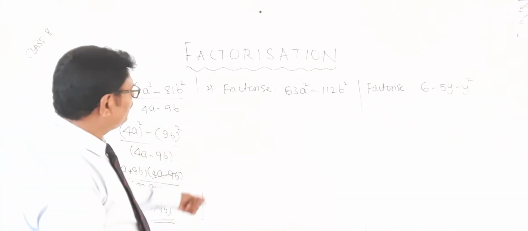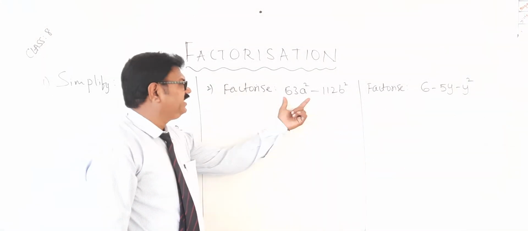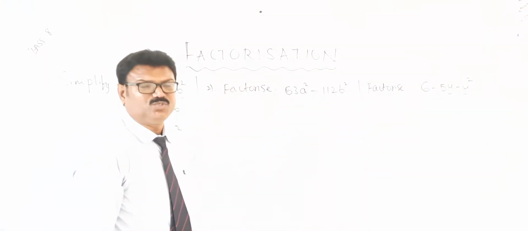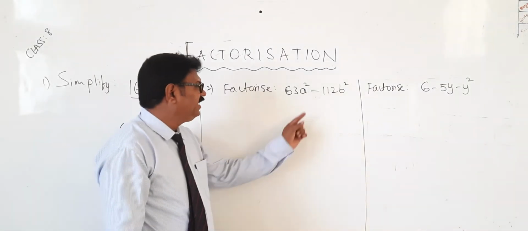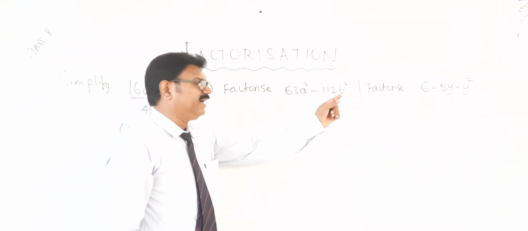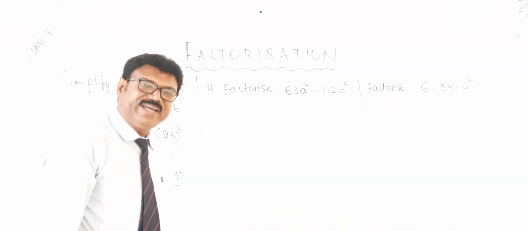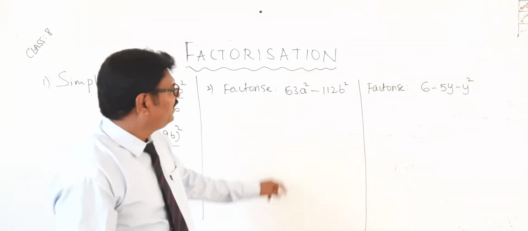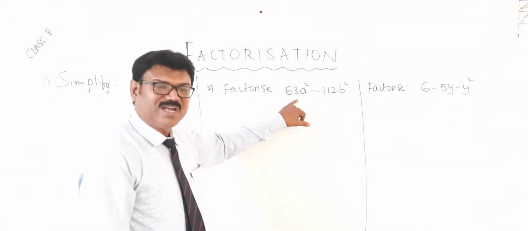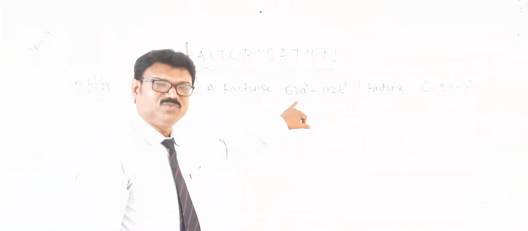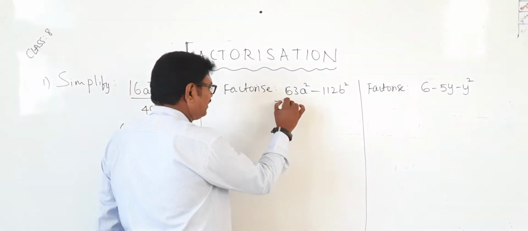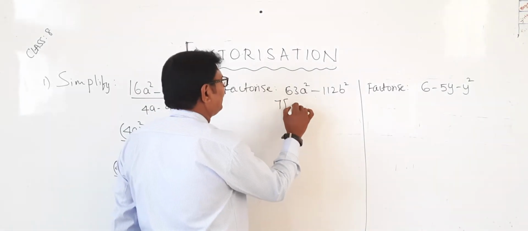Next, factorize 63a square minus 112b square. Here a square and b square are perfect squares, but the coefficients are not perfect squares. So we have to make them perfect squares, because it is in the form of a square minus b square. Just take 7 as a common factor.